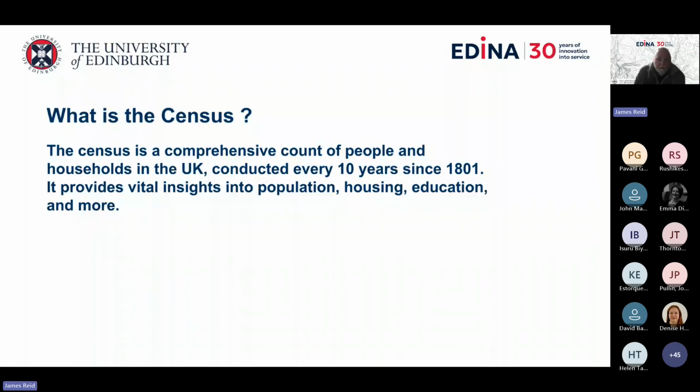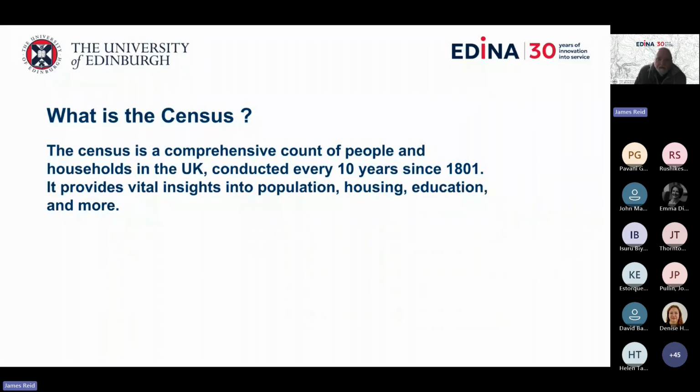So the census is basically a comprehensive count of people and households across the UK. It's conducted every 10 years and has been since 1801, with minor interruption during the Second World War, and a slight disruption in more recent times under COVID, which led to the delay of the Scottish census by a year.